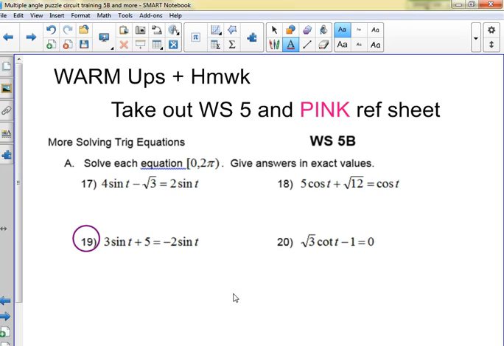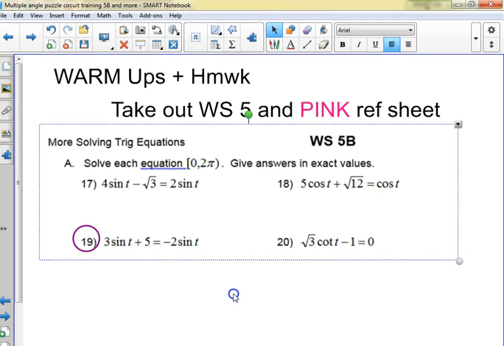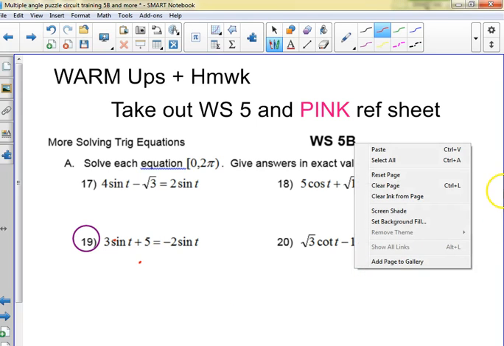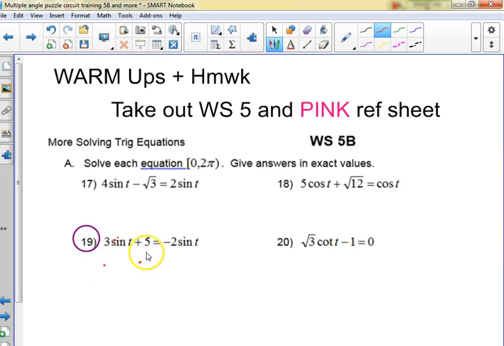All right. Any questions before I do these few examples real quick? I'm just going to do these quick. I'm not going to do a lot of audience participation because I want to get you started on this. On a question like 19, you would isolate the sine function.